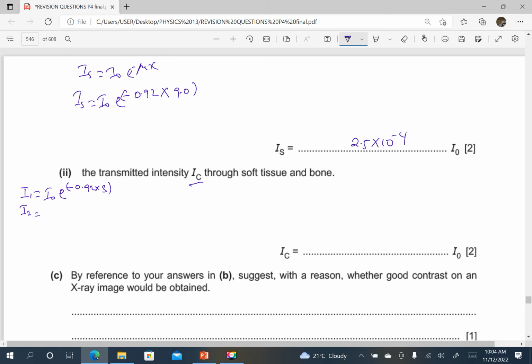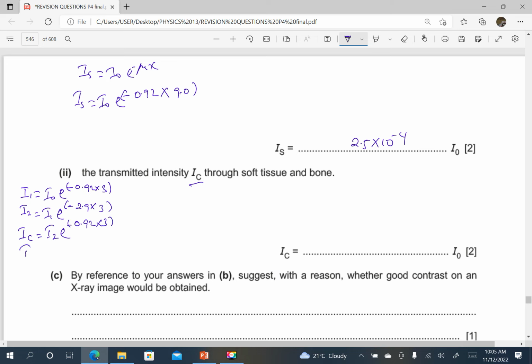So I2 is going to be I1 e power negative 2.9, that is mu for bone, times the thickness of bone, which is 3. Then I2 just leaves the bone and again re-enters soft tissue. So IC, which arrives at the other end of soft tissue, is equal to I2 e power negative, we are now in soft tissue again, 0.92 times 3.